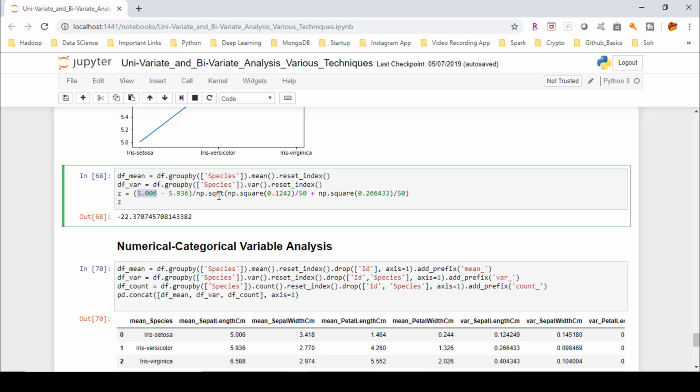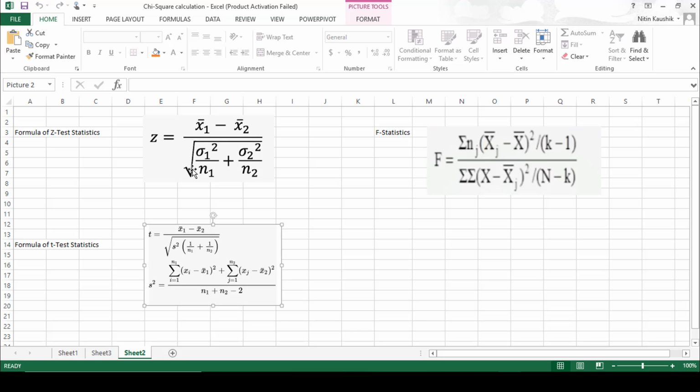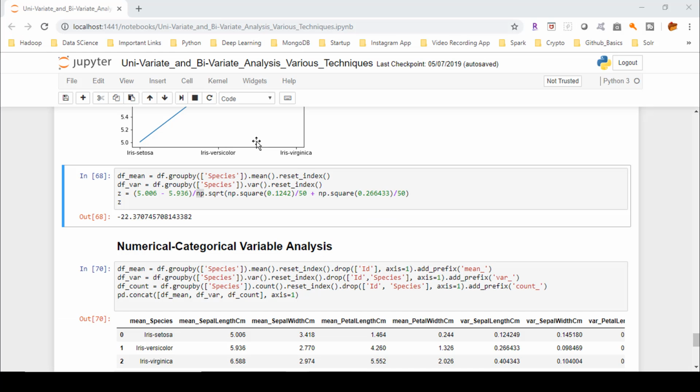The same thing I have done using numpy for these mathematical operations. I first included the square root, so this is x1 bar minus x2 bar divided by the square root of the variance terms.